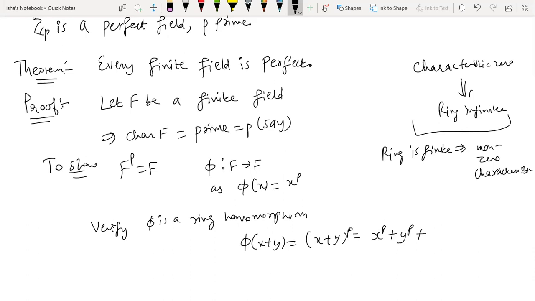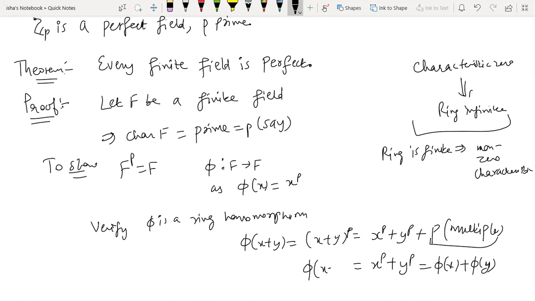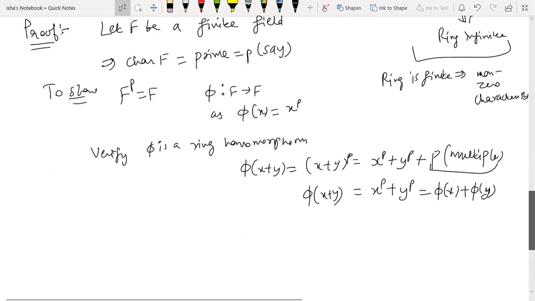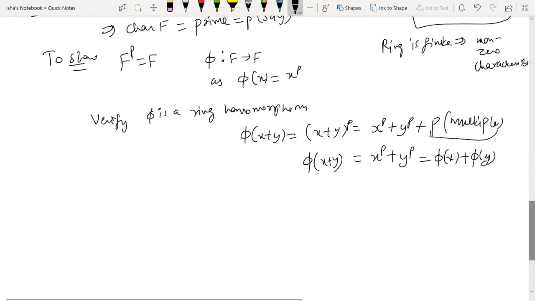These are the only two terms; the rest of the terms are multiples of p, and because the characteristic is p, they become zero. So it will ultimately be x raised to power p plus y raised to power p, which is phi x plus phi y. So phi of x plus y is phi x plus phi y. This is the first property of being a ring homomorphism.